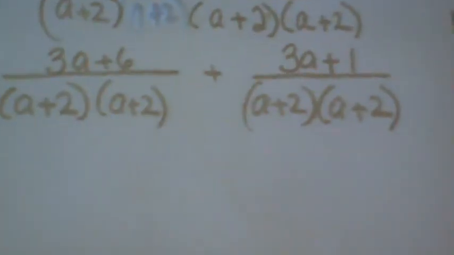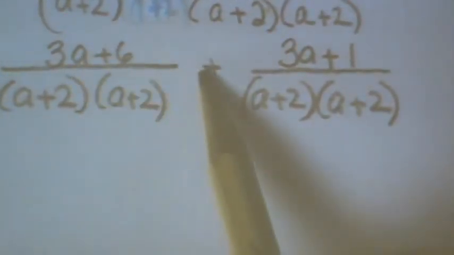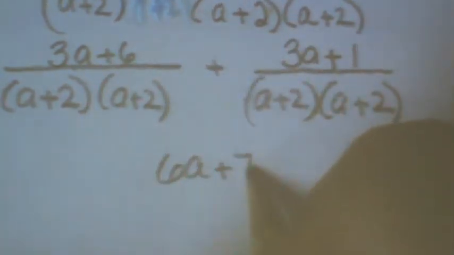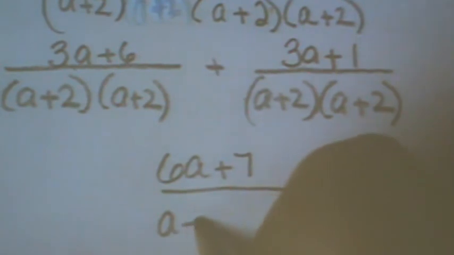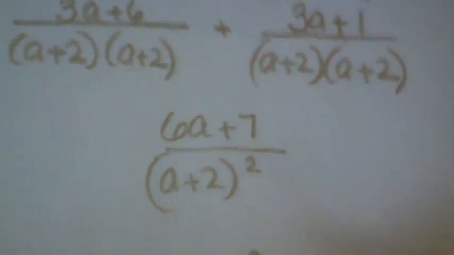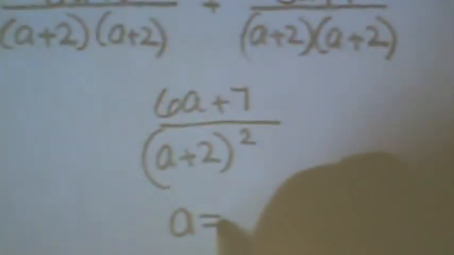Okay, so help me out. What's my numerator now? What's my restriction on this one? A cannot be negative 2.